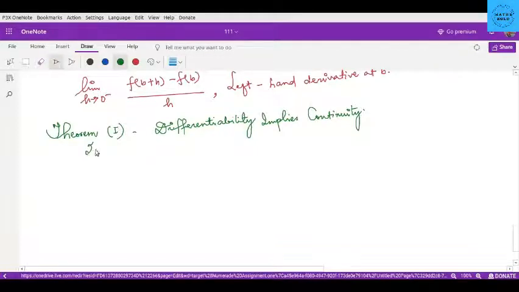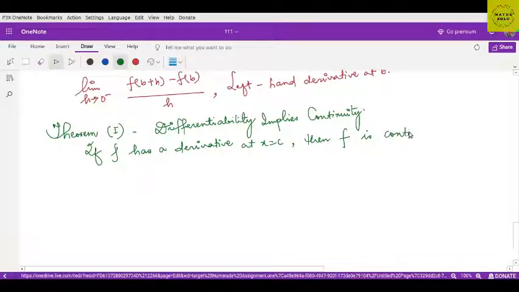Now here, if f has a derivative at x equals c, then f is continuous at x equals c.